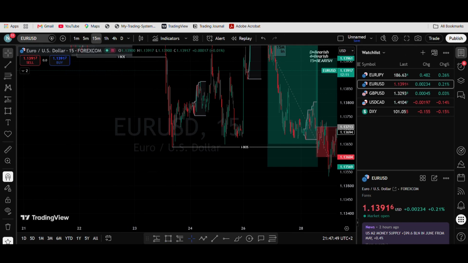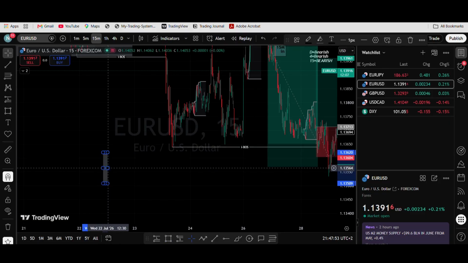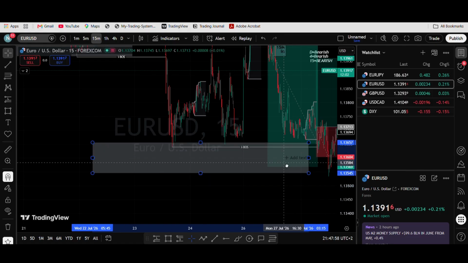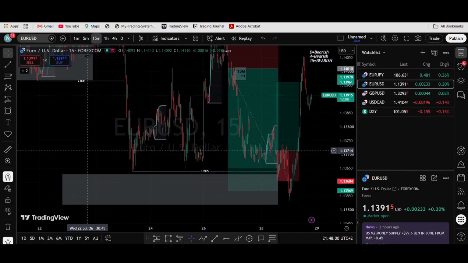I'd want to see a strong, let's say for example, 4-hour zone right here, like a very strong 4-hour zone that created a high or something, right?